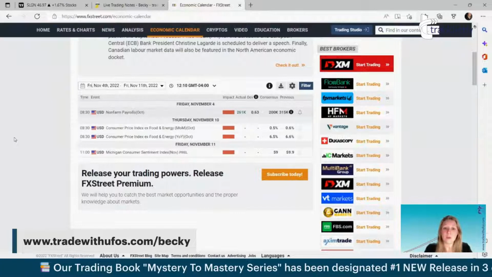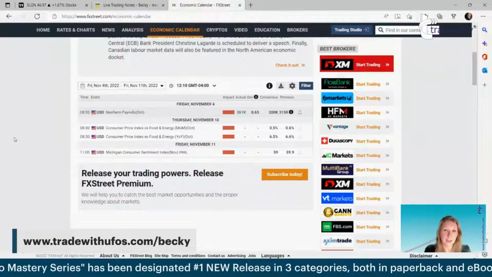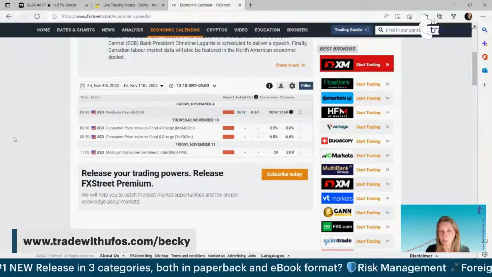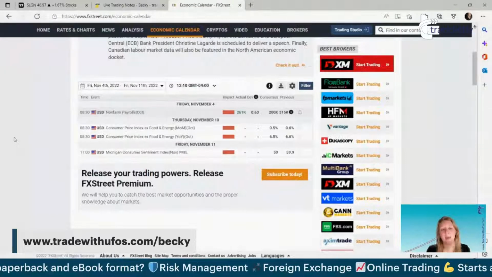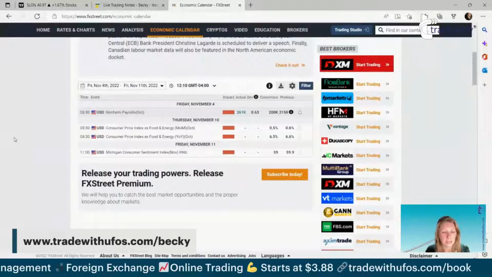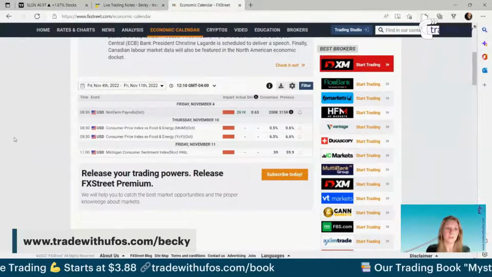But based on what we know at the moment, we've got news coming out towards the back end of next week, which may increase volatility in the US markets. So something to be aware of. For now, I think that's far enough away that we can place trades today and monitor as we go as to whether we cancel those trades before the news comes out, before we might see extra volatility.